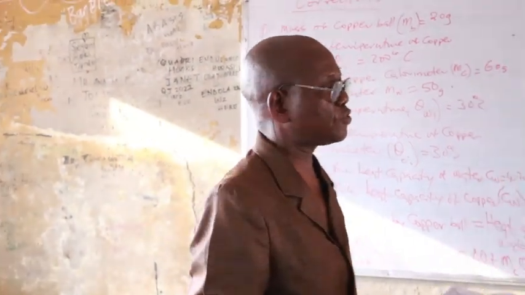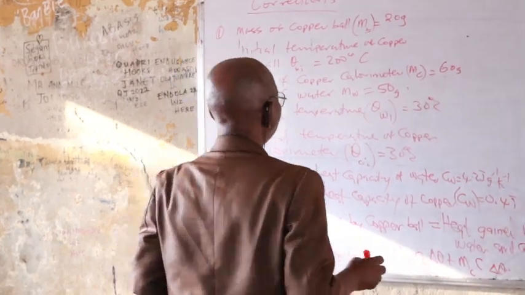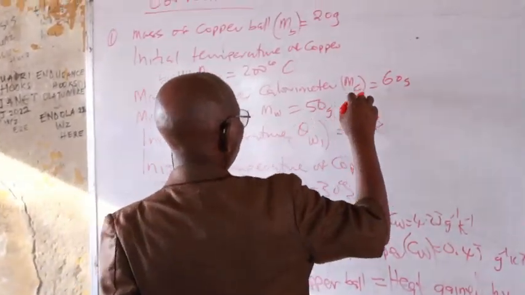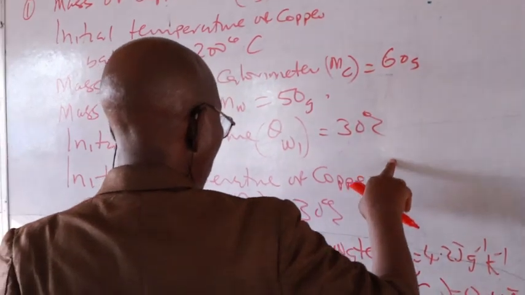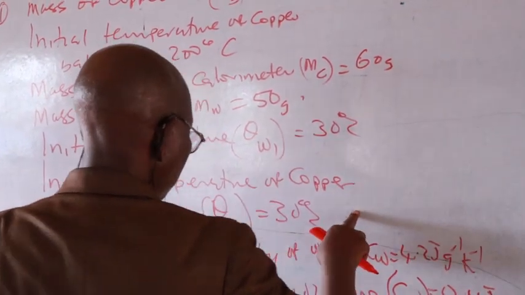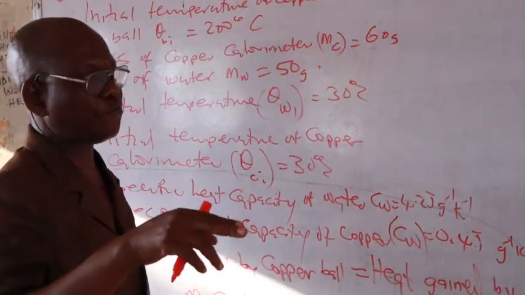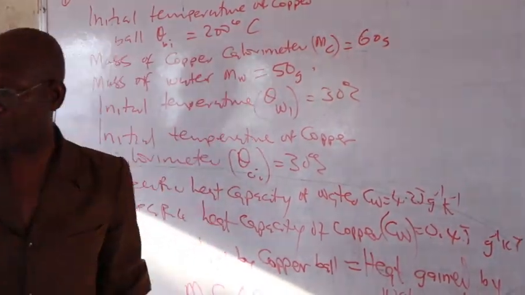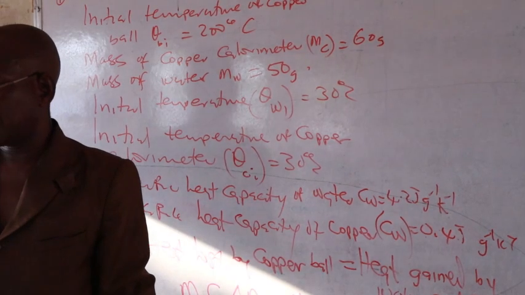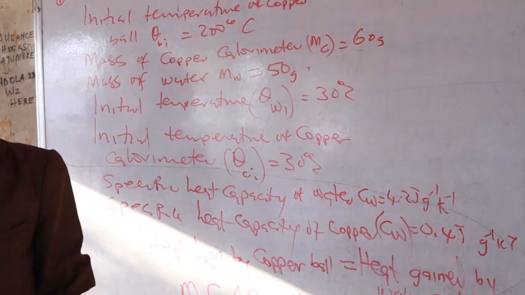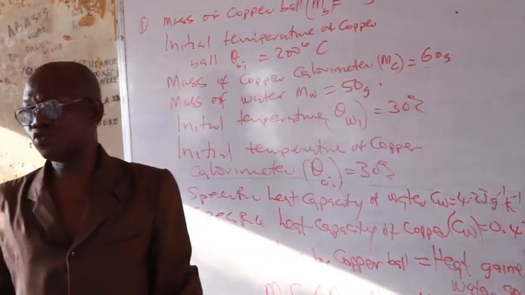The question is the ball that is at 200 degrees Celsius. When cooling, she thought it's going to cool from 200 to 70 before it comes down. Is that not your question? 200 to 100 degrees Celsius. No, it won't.